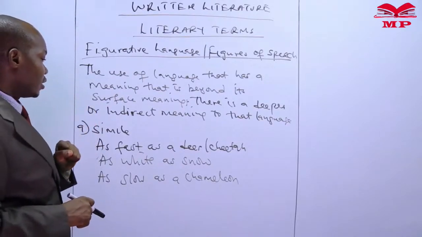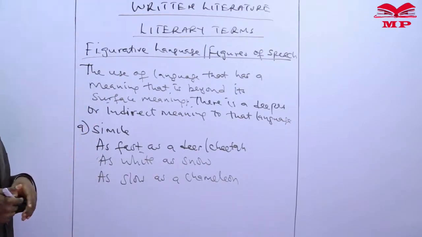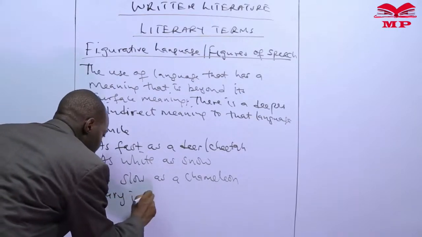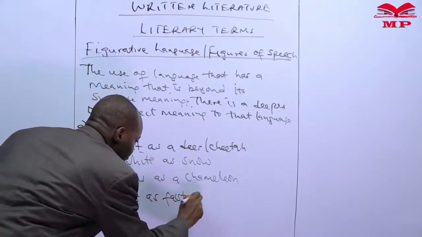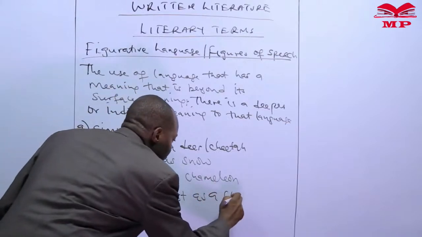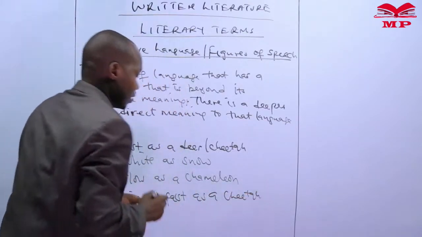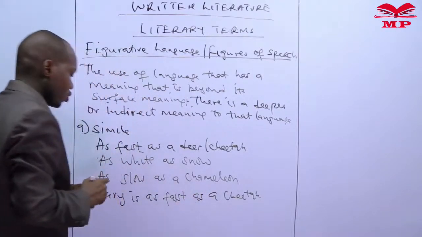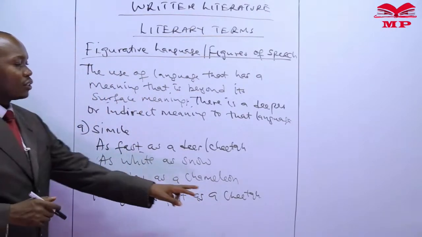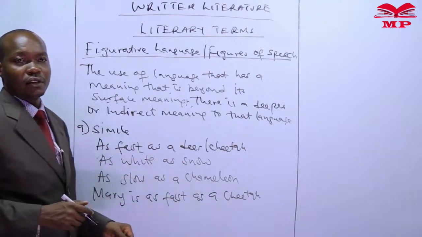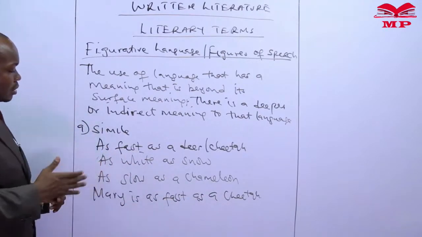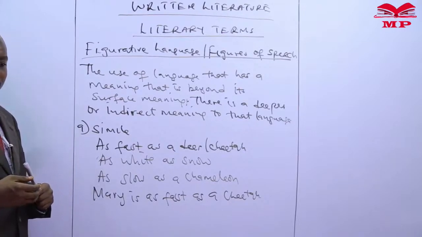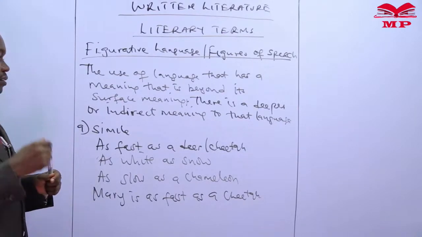For example, let me use someone's name: Mary is as fast as a cheetah. Now, in this case, we are comparing Mary and cheetah. That's a simile. We are saying Mary runs very, very fast.